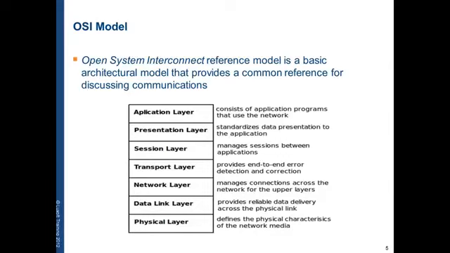We are going to start from the bottom up. We have the physical layer first, which defines the electrical and physical specifications of the device, especially the relation between the device and the transmission medium, like a fiber optic or a copper cable.